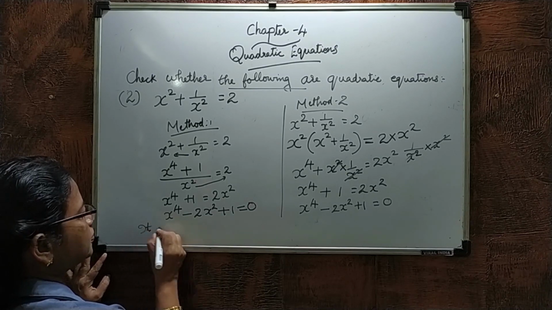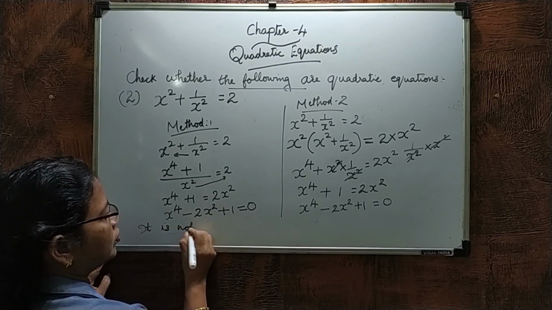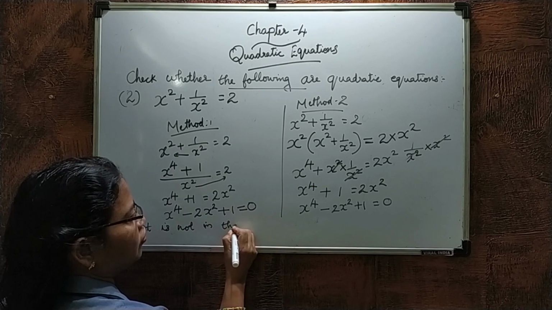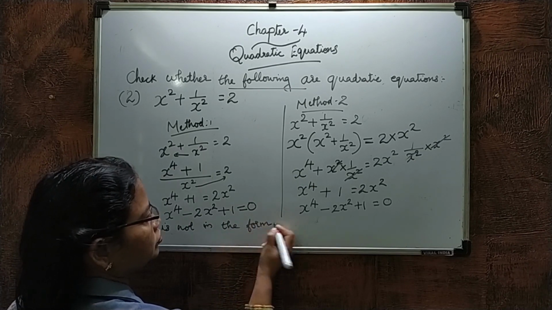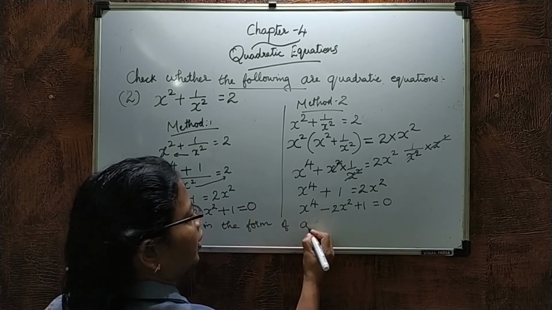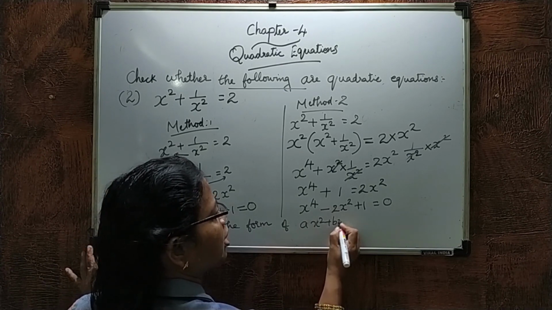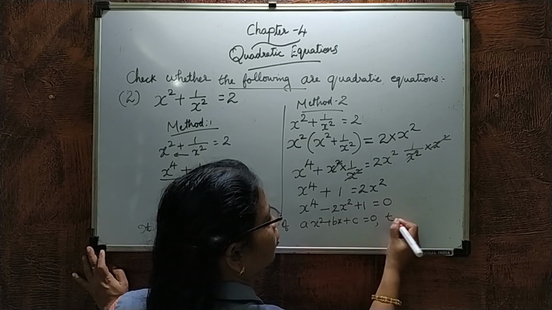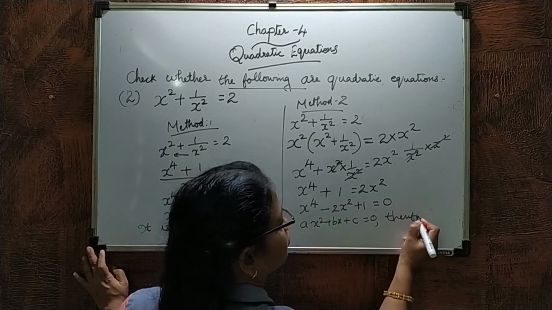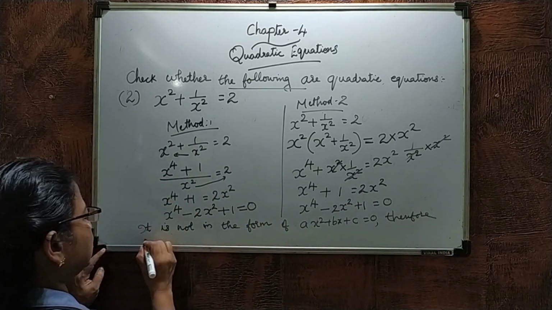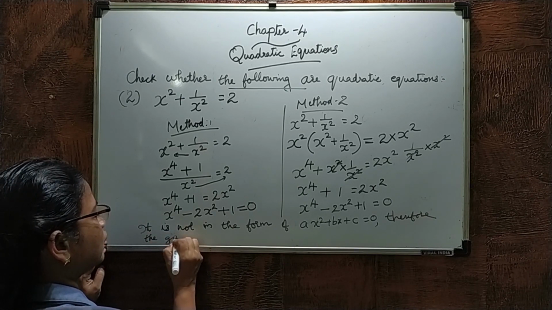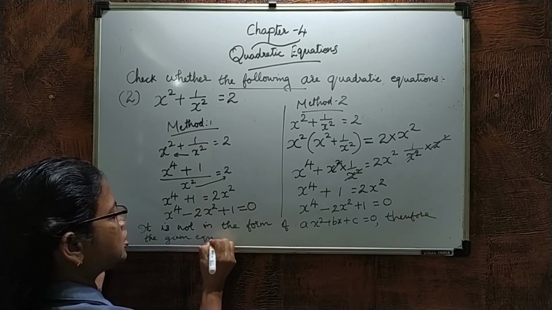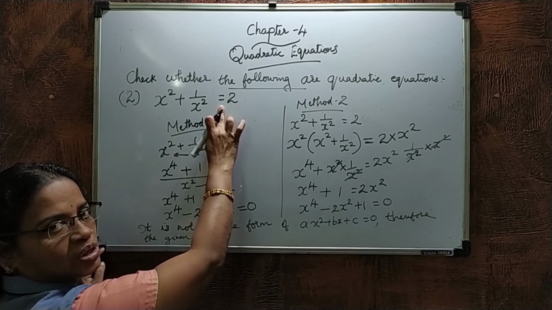It is not in the form of ax square plus bx plus c equal to 0. Therefore, the given equation is, this is also an equation because there is an equal sign.